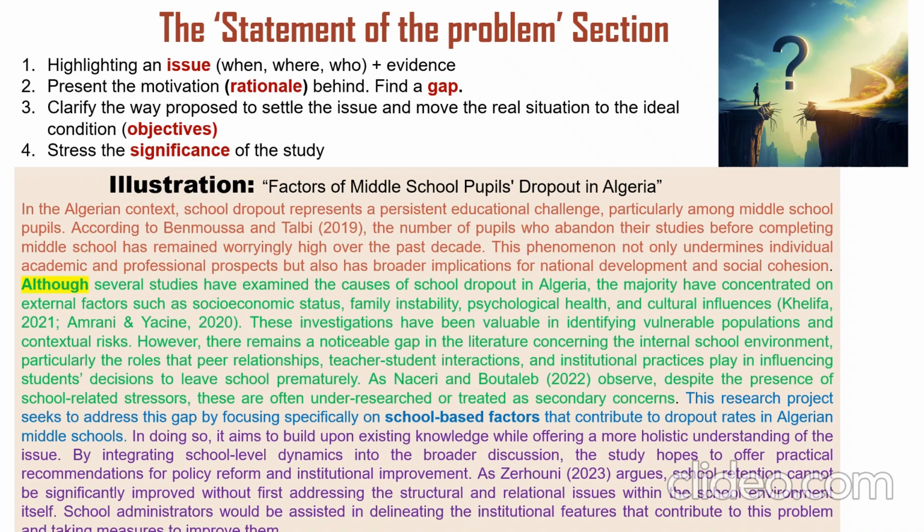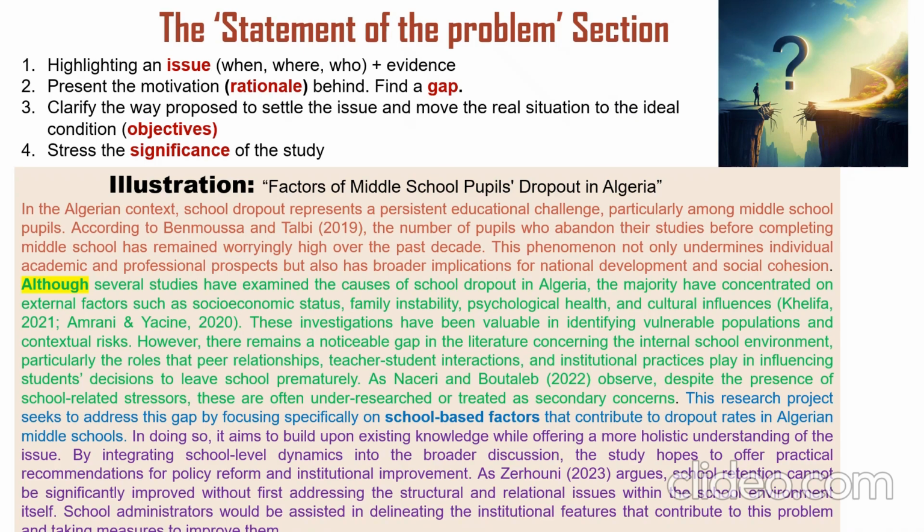Although this section of the statement of the problem is very brief, it clearly shows a real issue. Next, the writer moves to talk about the rationale to justify conducting his research, and also hinting or clearly talking about the research gap.